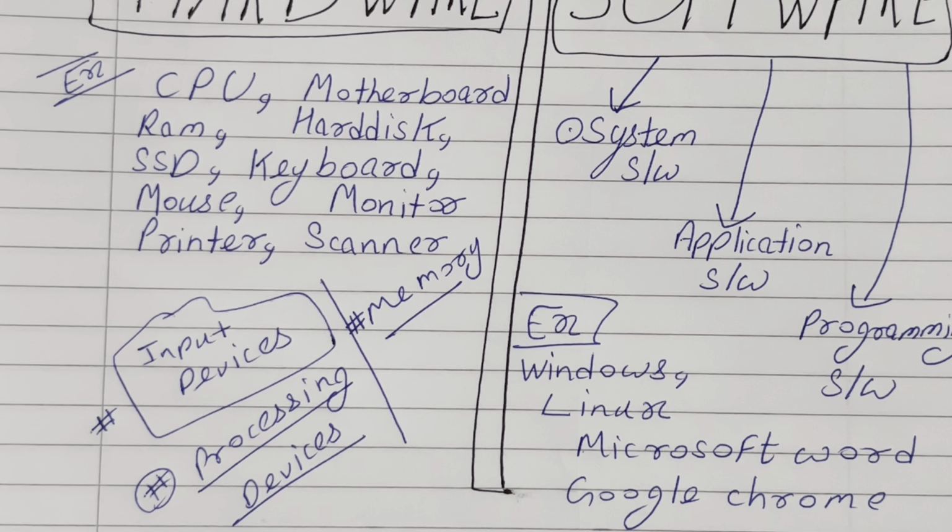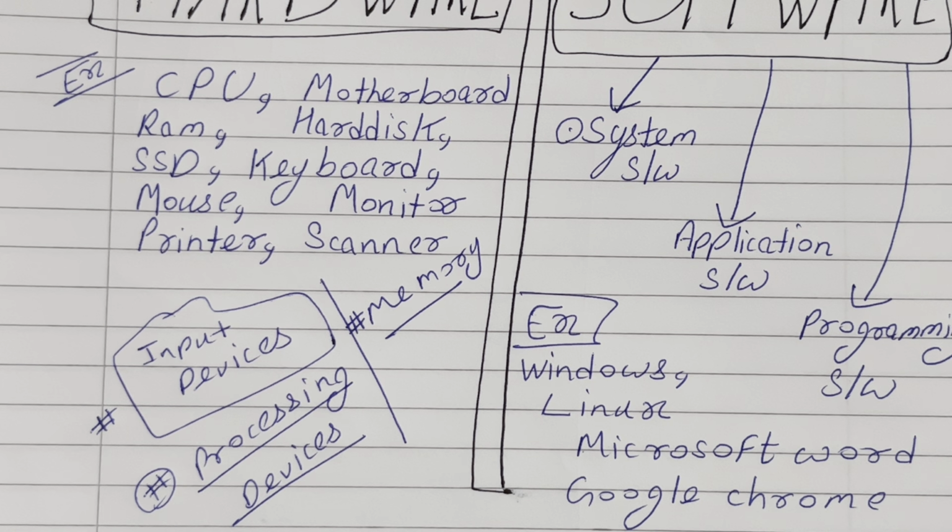Primary memory is directly accessible by the CPU, and it is mainly used while programs are running. Primary memory includes examples like RAM, random access memory, ROM, read-only memory, and cache memory.